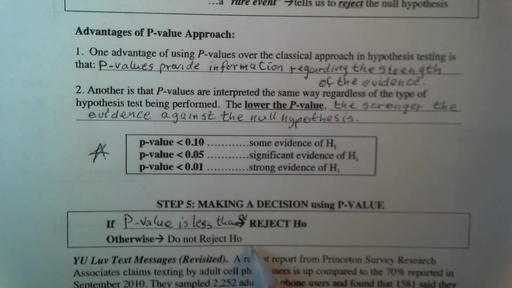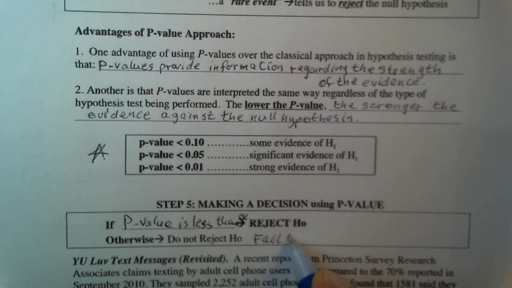Otherwise, fail to reject the null hypothesis. In other words, if the p-value is not less than alpha, do not reject the null hypothesis, or fail to reject.